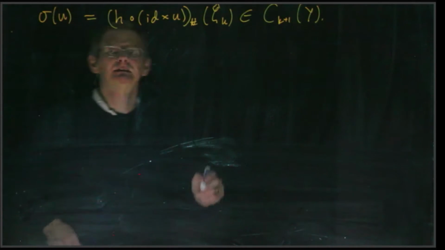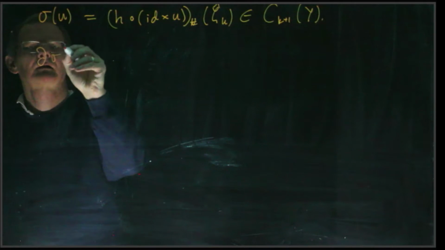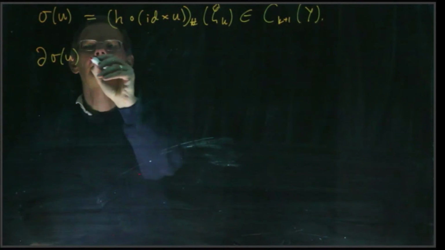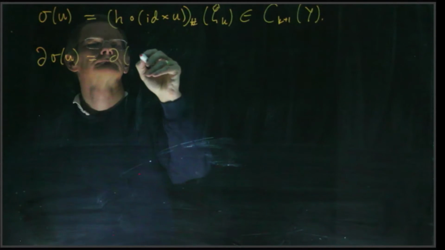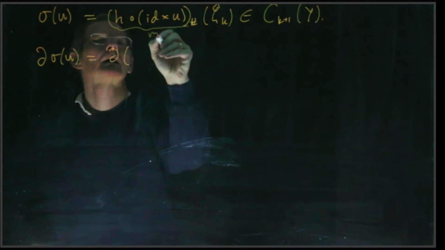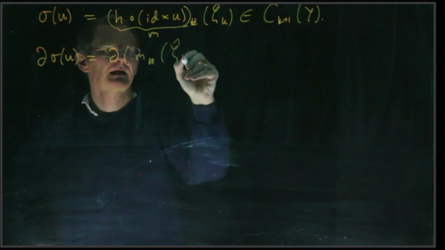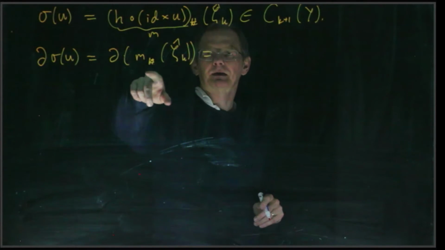So let's work out what d sigma u is. This map here we were calling M. So that's d of M hash of zeta hat k. But M hash was a chain map.